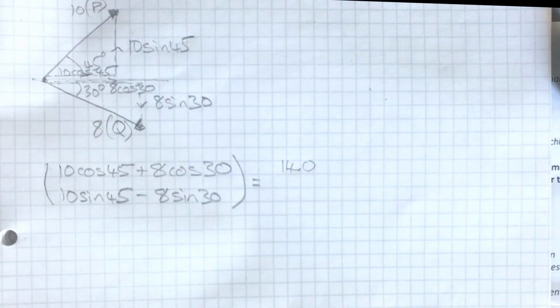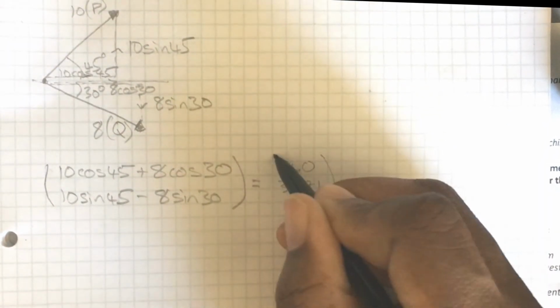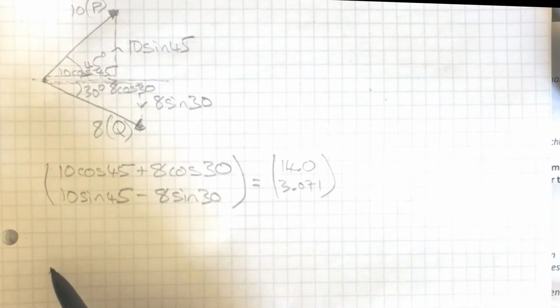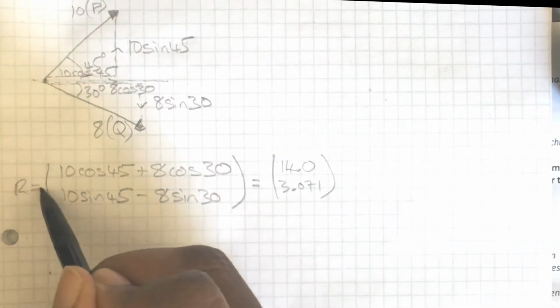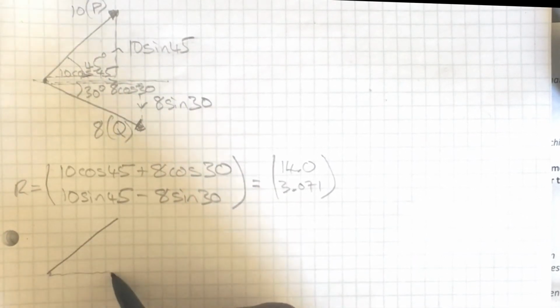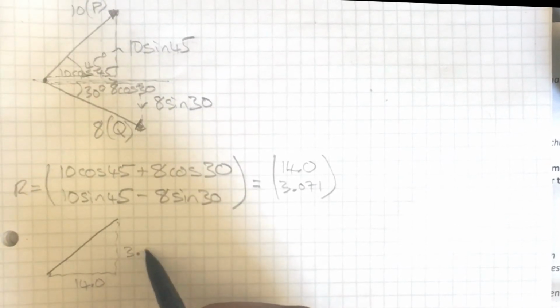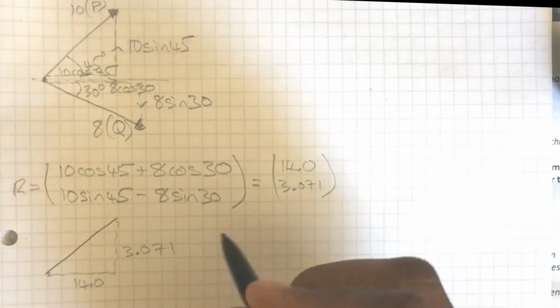Okay, just punching those values into the calculator, making sure we're in degree mode. And we get 14.0 and 3.071. So that's the resultant vector. We can sketch that and label it for its horizontal and vertical component.